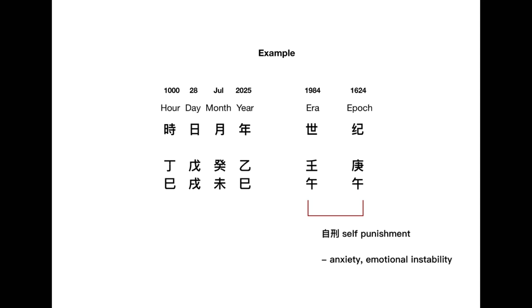So right away we can see that we have two Wu meeting and forming a zixing, or a self-punishment, which means that since 1984 there has been a rise in anxiety, emotional instability, self-doubt, angst, all of these things that are associated with zixing and specifically with Wu.